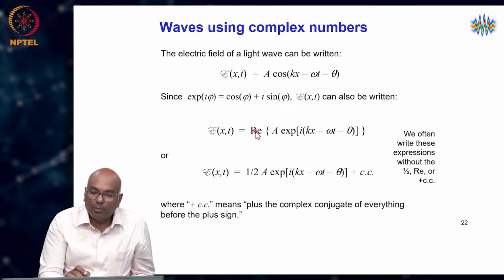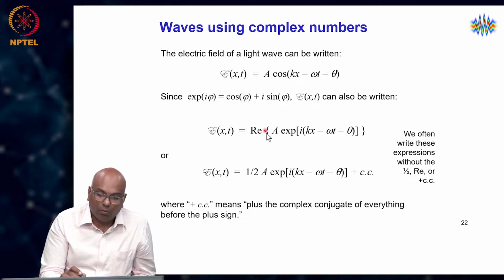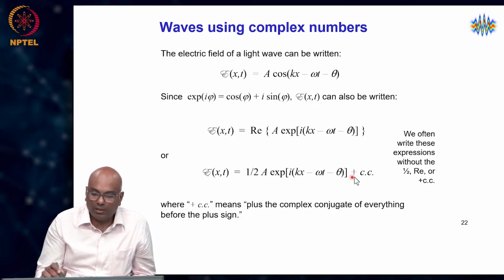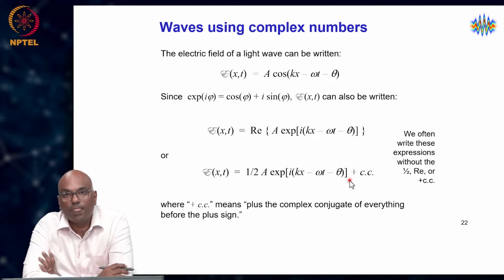But then the real part of a complex number is nothing but one half the same complex number taken and summed up with its complex conjugate, right?